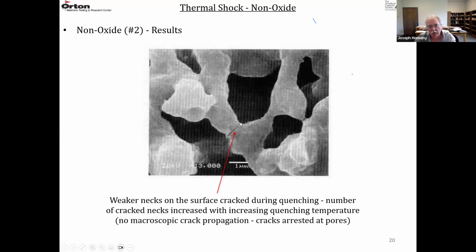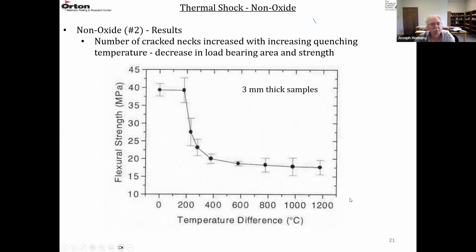So these cracks were arrested by the pores. So they were only across the neck regions. They didn't continue and form large macroscopic cracks. They were limited to the neck regions as these pores arrested the crack growth. So the number of cracked necks increased with increasing quenching temperature, and that decreases the load-bearing area and it decreases the strength.